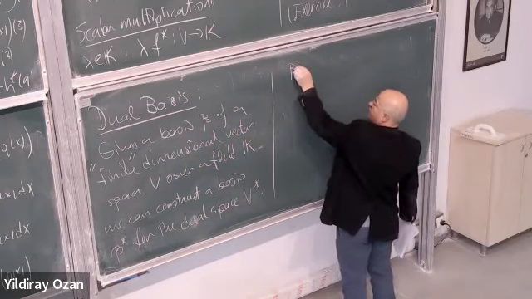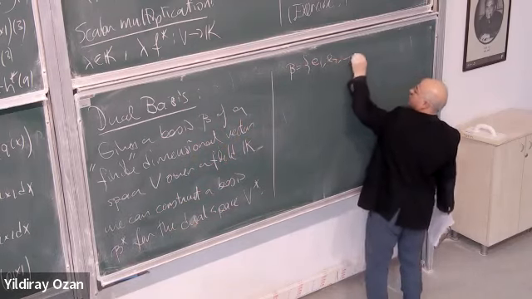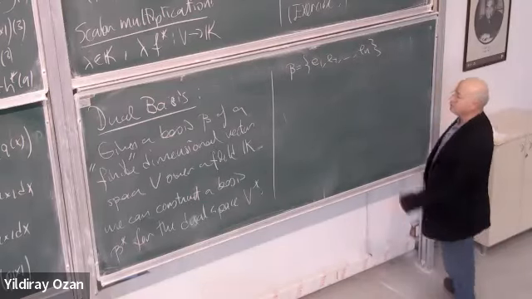Suppose V has the basis E1, E2, ..., En. It is a finite dimensional vector space. Right? So this is the basis.